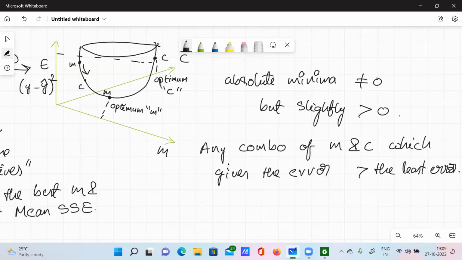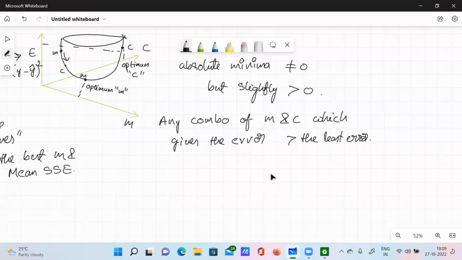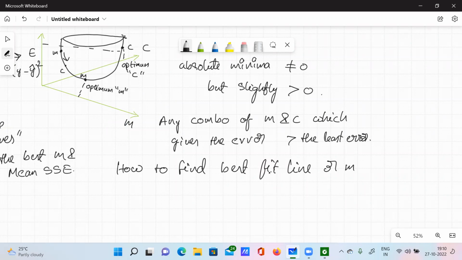Now, I have already told you there are two kinds of methods here: how to find the best fit line or model.